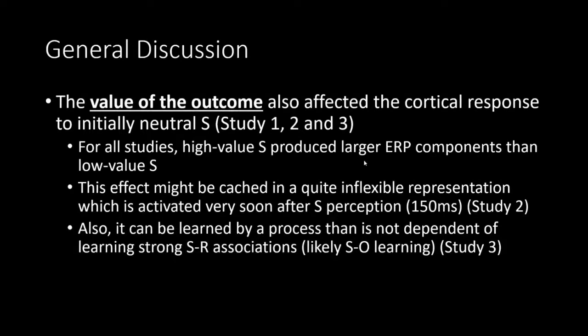But the learning of this attention habit maybe is not related to learning strong stimulus-response associations. And I think it is more related to Pavlovian learning, with learning stimulus-outcome associations.